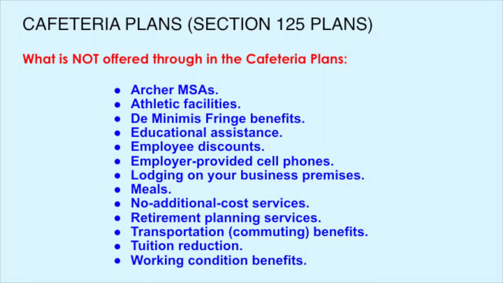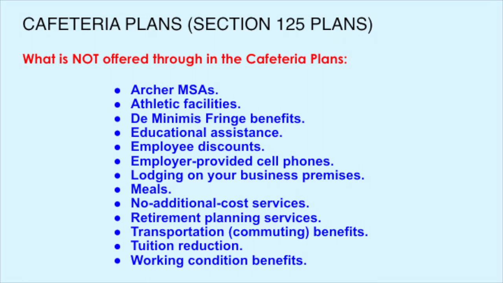Archer MSA, athletic facilities, de minimis fringe benefits, educational assistance, employee discounts, employer-provided cell phones, lodging on the business premises, meals, no additional cost services, retirement planning services, transportation benefits, tuition reduction, and working condition fringe benefits.